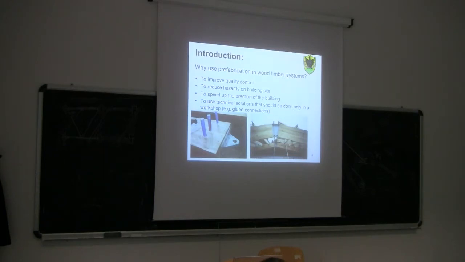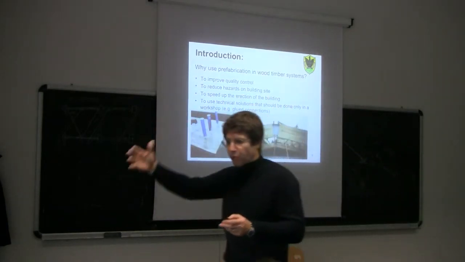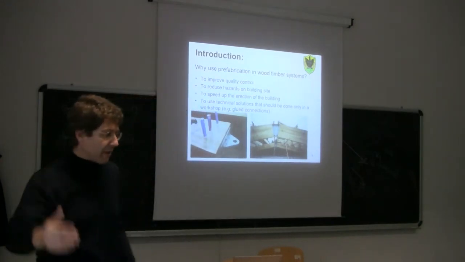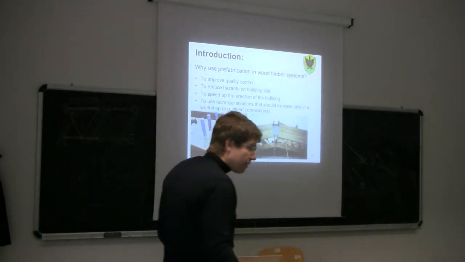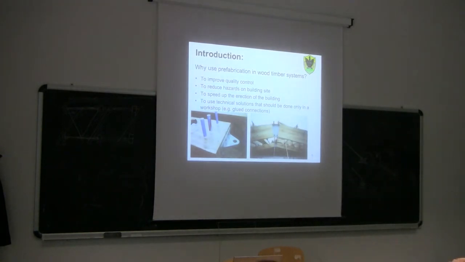Because gluing one piece of timber with another, if you remember, there was an example of a big joint that had been glued on the building site, and they had to build a temporary construction in order to protect it from the rain. So it's a kind of operation that in general should not be done on a building site. Those solutions you can see here should be done in a workshop.